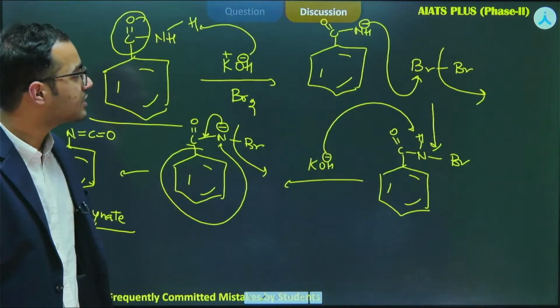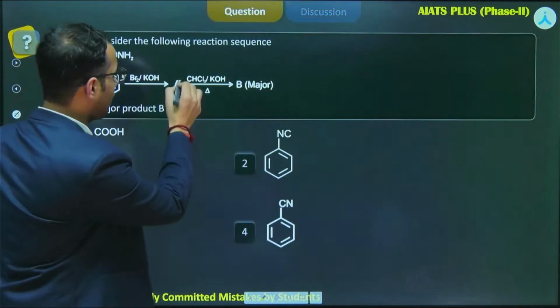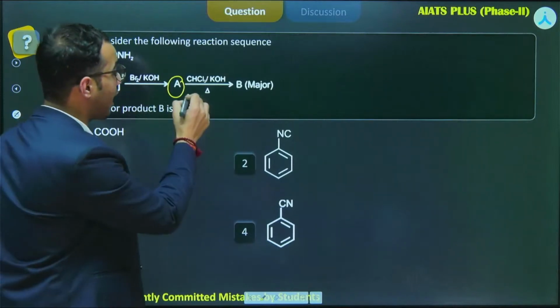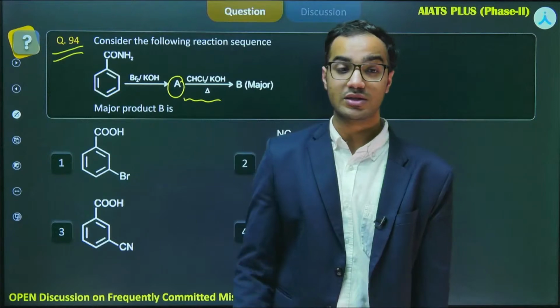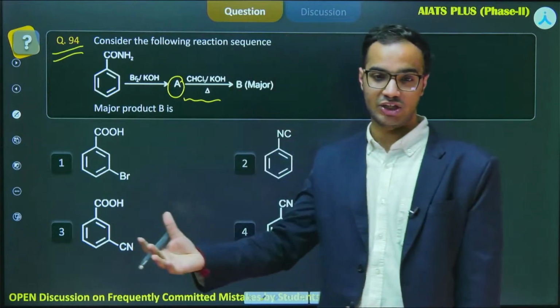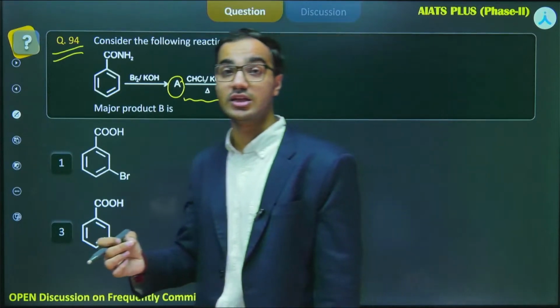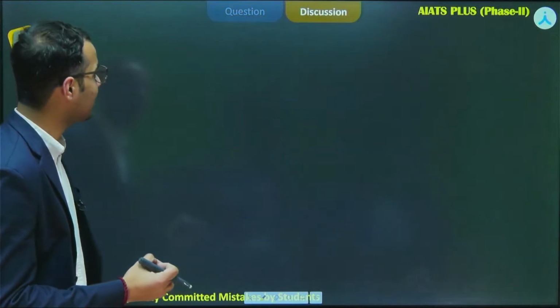And if we go to the sequence part, you have already attained the A, and now you are reacting aniline with CHCl3 along with KOH. This is again a very important reaction.